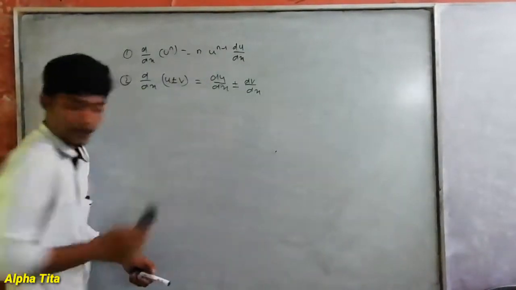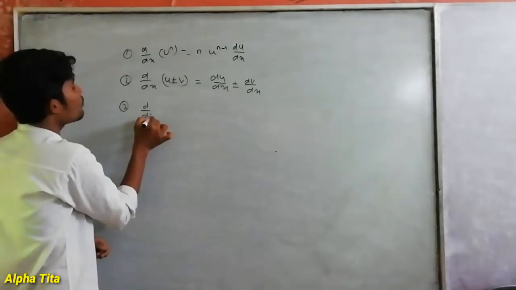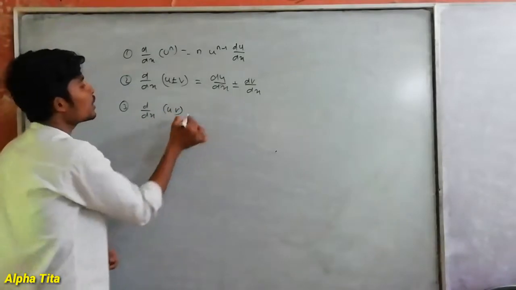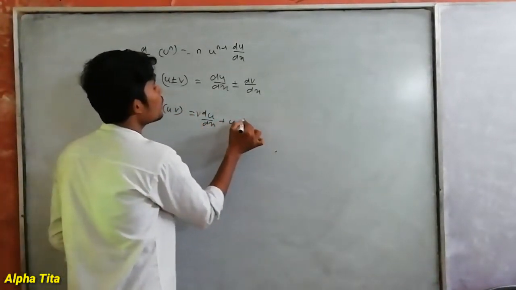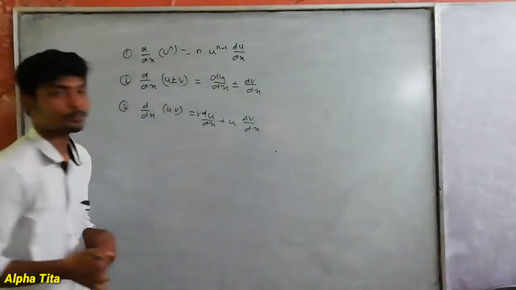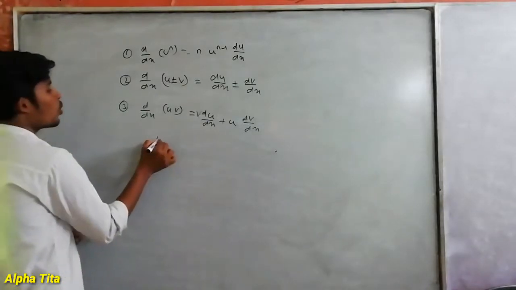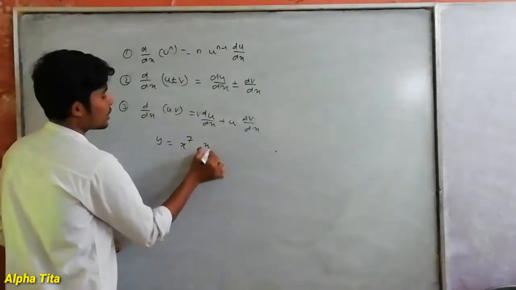So let's start. The question is, you know this formula, d by dx of u into v. What do you get? v du by dx plus u dv by dx. I gave this formula. By using this formula, how can you calculate if y equals x to the power 7 into e to the power x?